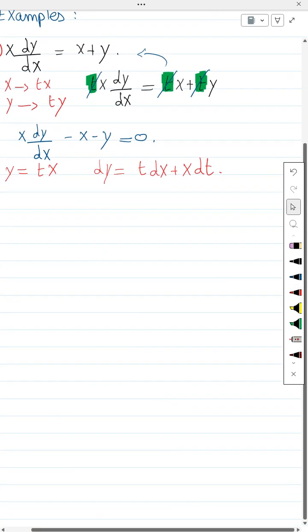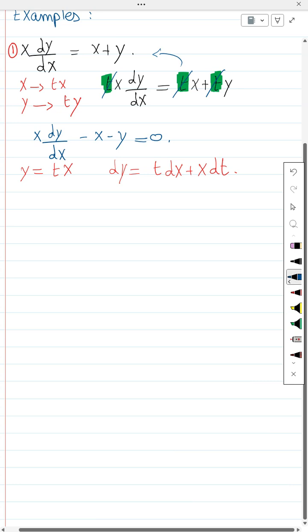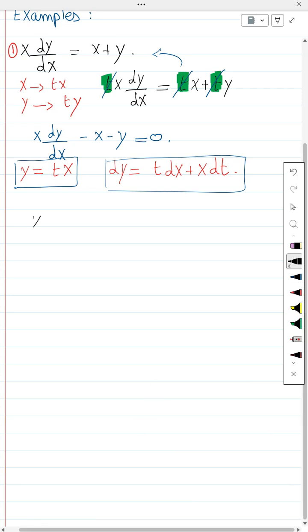Now we replace y by tx and dy by this quantity. Let me rewrite it. We multiply the whole equation by dx, and we get x dy minus x dx minus y dx equal to 0.